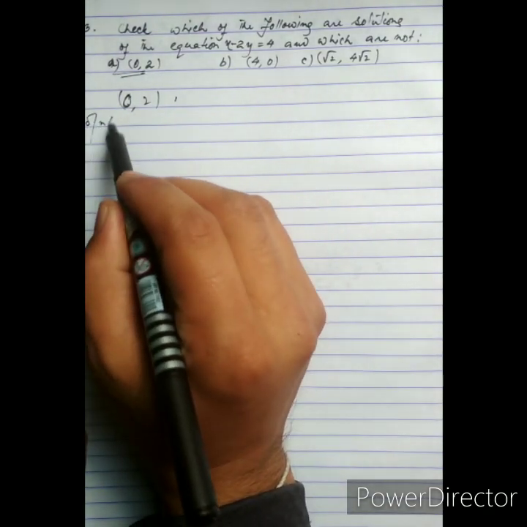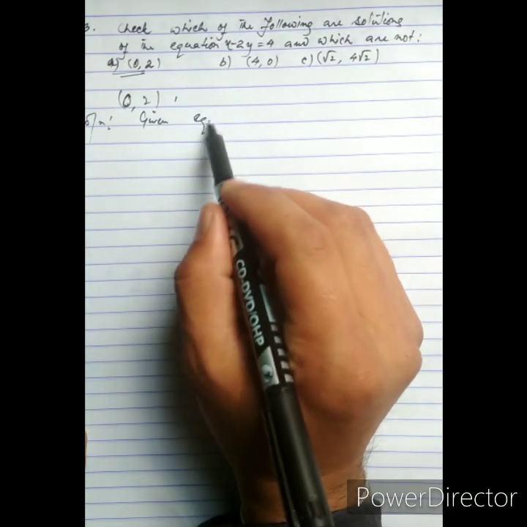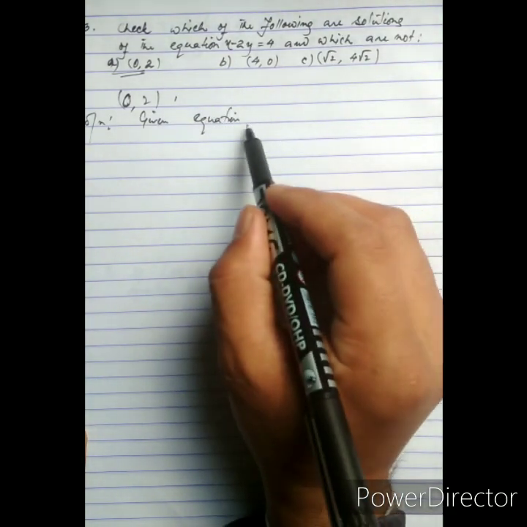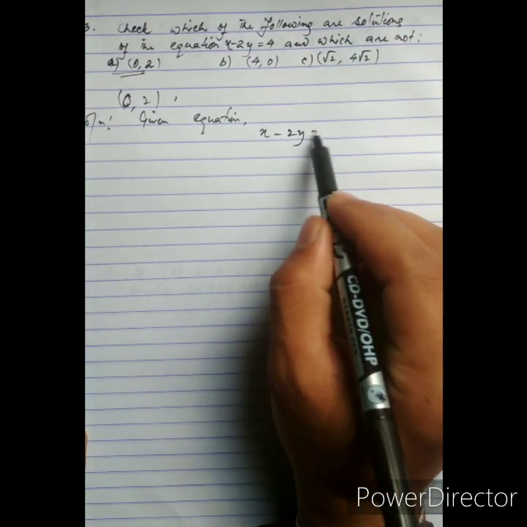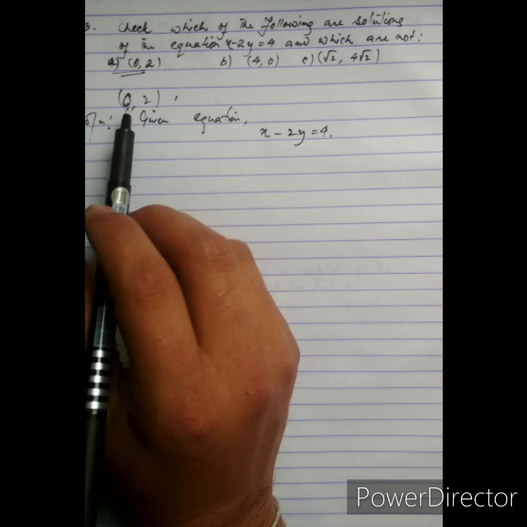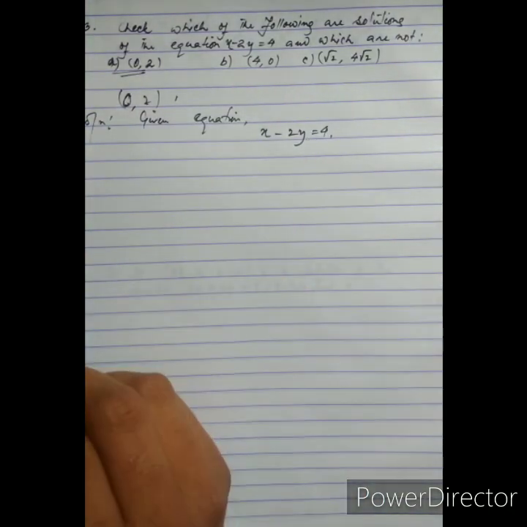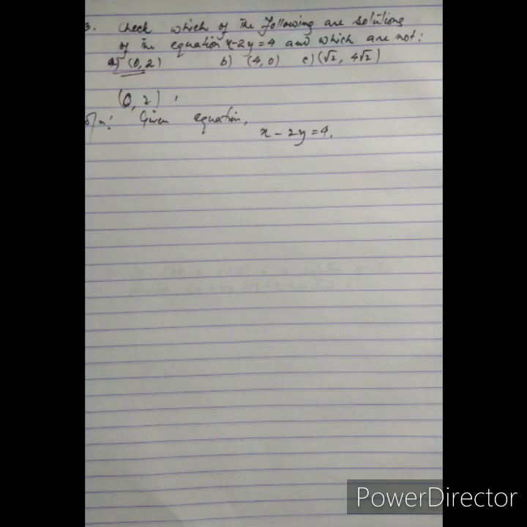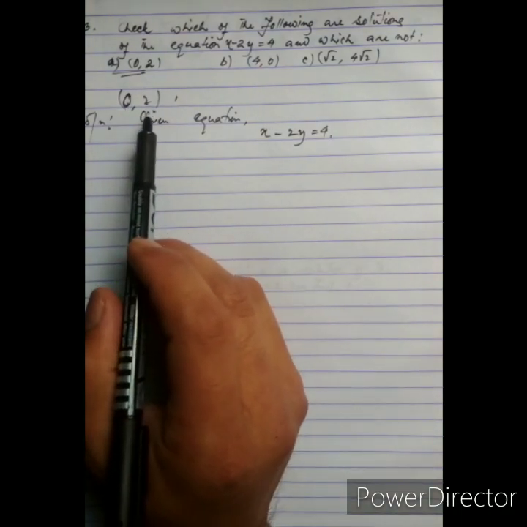Now solution. What is the given equation here? x minus twice y is 4. So we'll put the values of x and y in this equation and check whether left hand side is equal to right hand side. If left hand side and right hand side are equal, that means this is a solution.